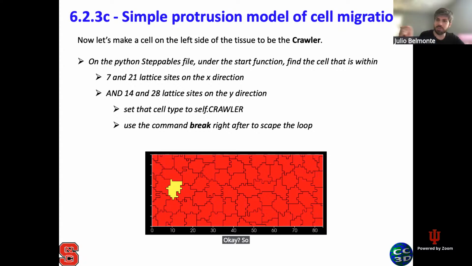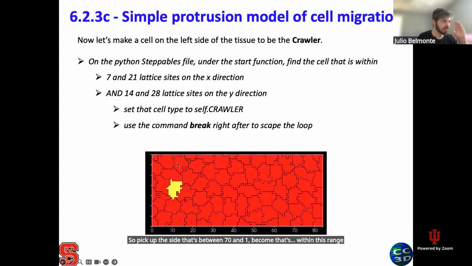One thing you can do is loop over all the cells and check if the X and Y directions are within a given range. All right, given the range between 7 and 21, because each cell is about 7 pixels. So pick up the cell that's within this range here, right? And then check if in the Y direction it's between 14 and 28 lattice sites.